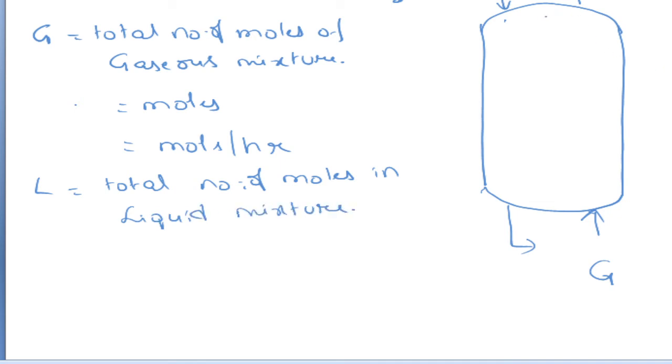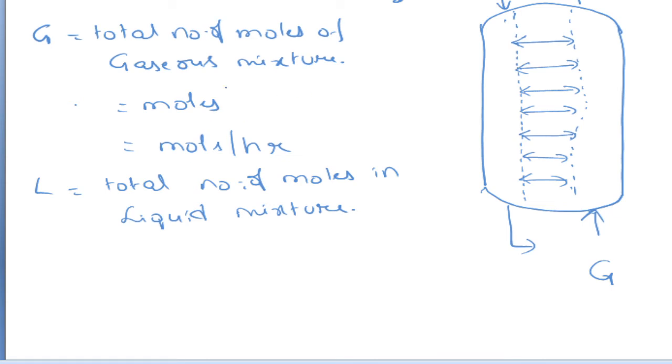Now, as the liquid flows down and gas flows up, at any point in the column the solute transfer takes place because they come into contact, and the solute transfers from the gaseous phase to the liquid phase.